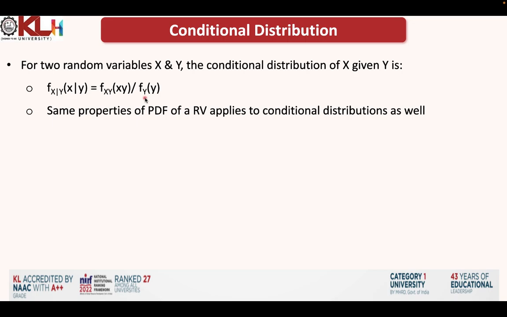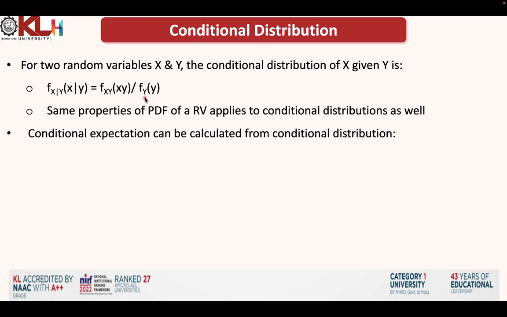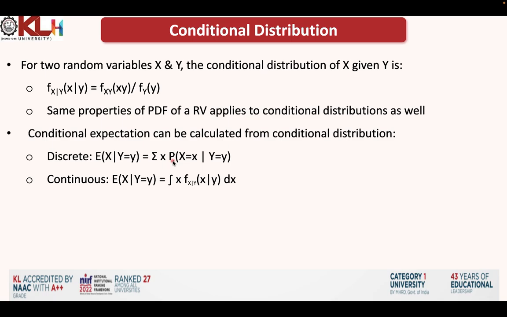The properties for this conditional PDF or PMF are similar to the unconditional PDF or PMF. We can also calculate the conditional expectation from this conditional distribution. For the discrete case, E of x given y is equal to the sum of x times the conditional PMF. And for the continuous case, similarly, the expectation of x given y is the integration of x times the conditional PDF of x given y.